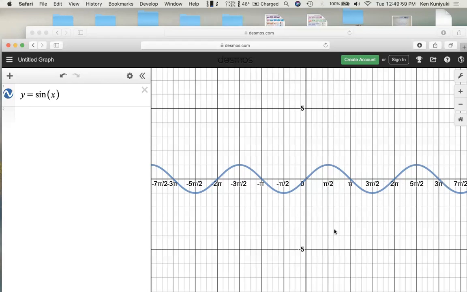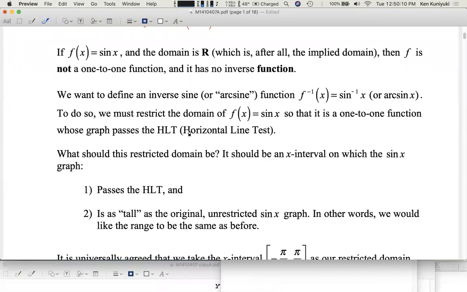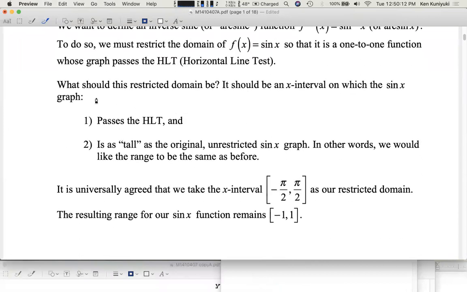So what we need to do is restrict this sine wave. We need to restrict the domain of sine of x in such a way that we follow two conditions. What should this restricted domain be? It should be an x interval on which the sine graph, first of all, passes the HLT, the horizontal line test.